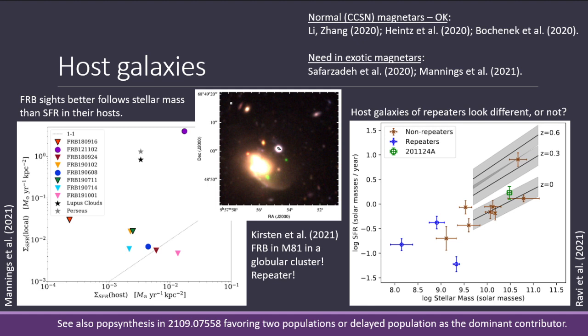There are several papers, as you see, that everything can be explained with normal magnetars. Normal means that they are produced in core collapse supernovae. Some papers insist on quite the opposite conclusion, that we really need exotic magnetars, or even there are claims that everything is more consistent with exotic magnetar formation.